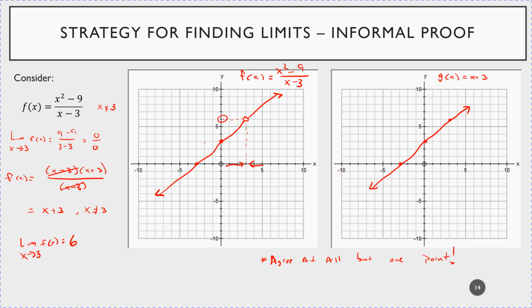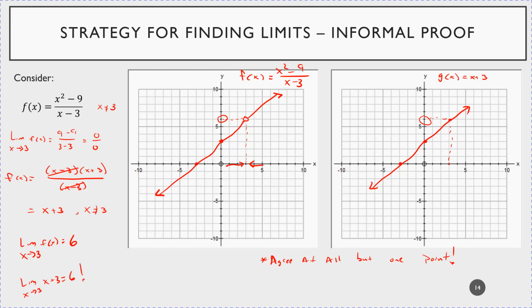But the way you can find that is, if I can cancel these factors out and then plug the value into the remaining function, boom. It's the same thing as the limit as x goes to 3 of x plus 3.